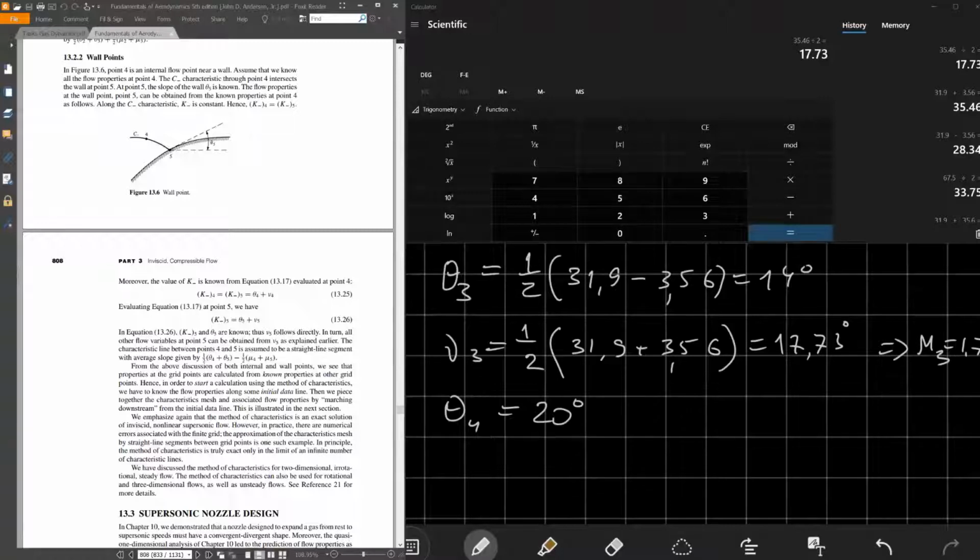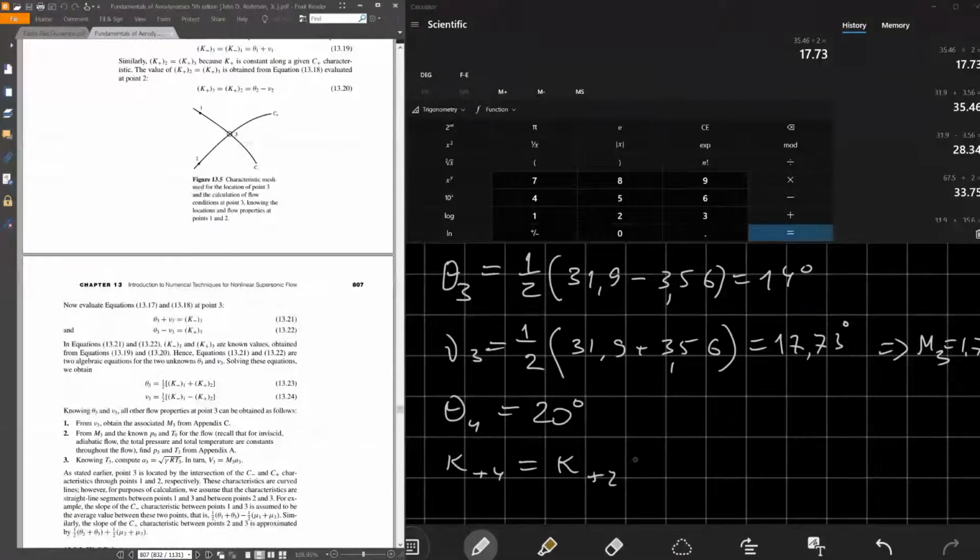We can write that K minus 4 would be equal to K minus 2 and would be equal to theta 4 minus mu 4. Mu 4 we don't know. This is the question to solve. And direction of the flow we define by the direction of the wall.